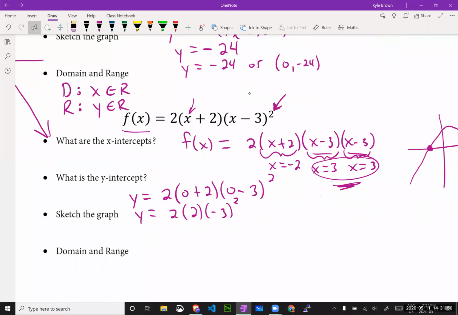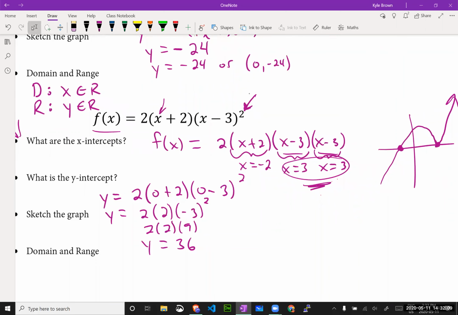Okay, so that would just be, well, we'll do it again. 2 times 2 times negative 3 squared is 9. So that's going to be 2 times 9 is 18 times 2 is 36. So we get y is equal to 36. So that would be at the point 0, comma 36.